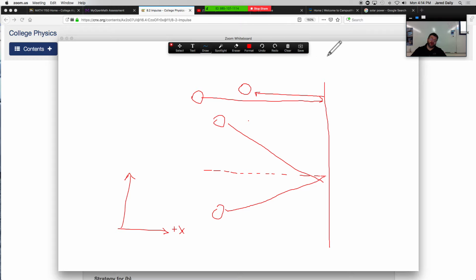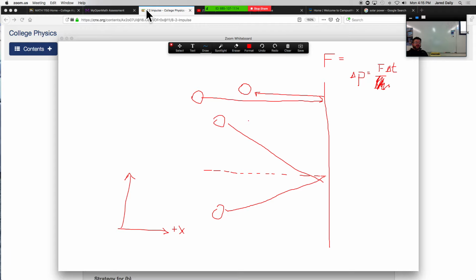Okay, so according to our equation, actually, the equation goes: change in momentum equals force times change in time.